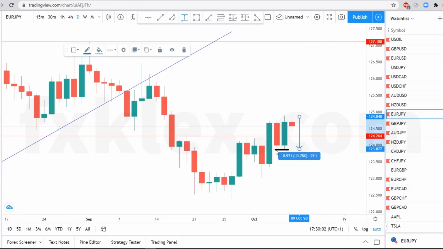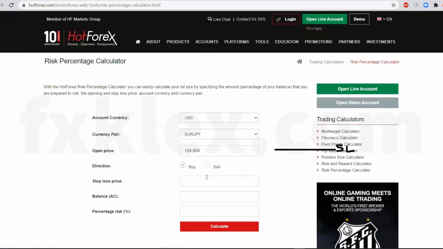So what is the price level at this stop loss? This price level is 123.849. So you can see that. So that is my stop loss price.